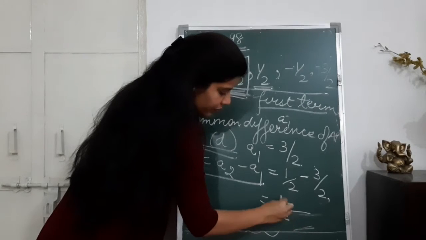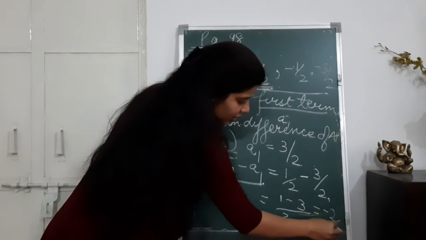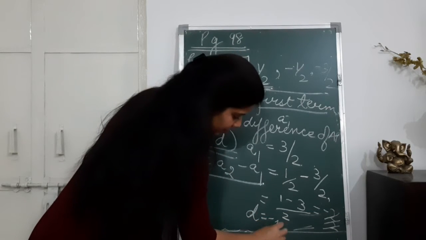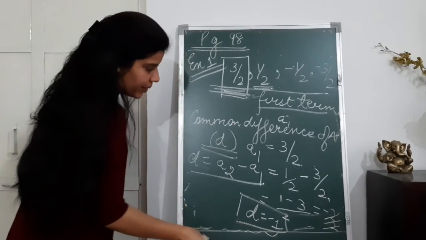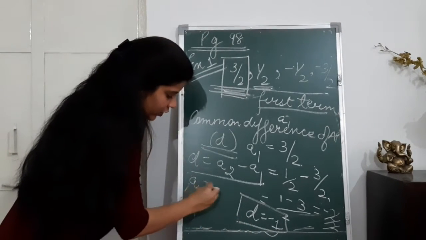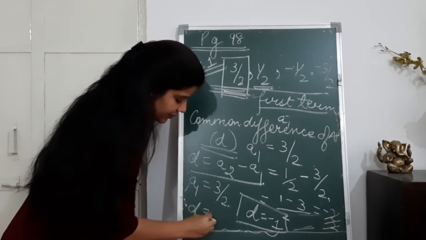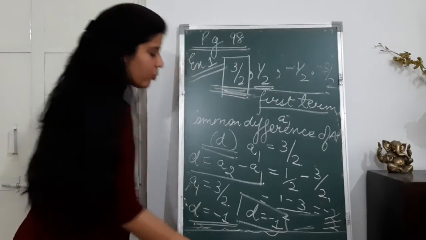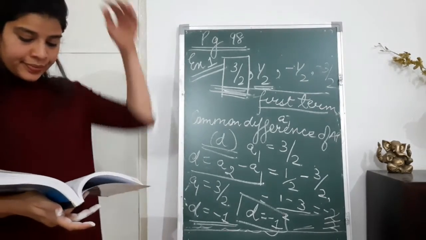So 1 minus 3, which is nothing but minus 2 upon 2, cancel. So it gives you D as minus 1. So for this AP, the first term is 3 by 2, while the common difference is minus 1.